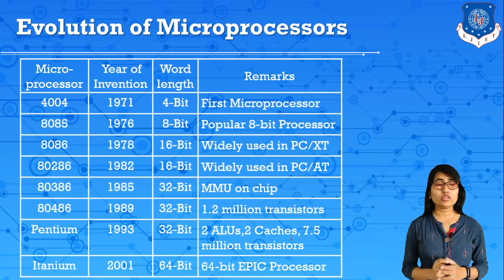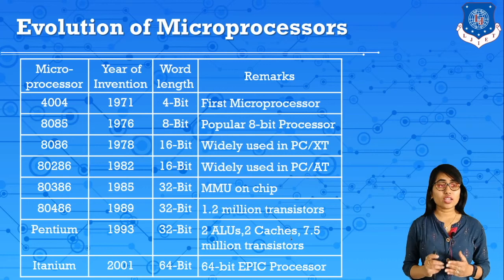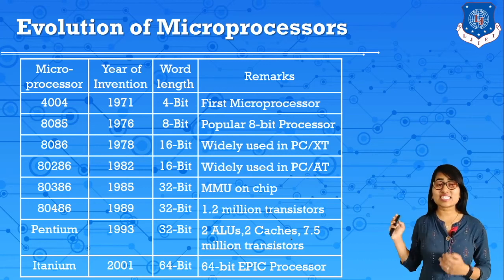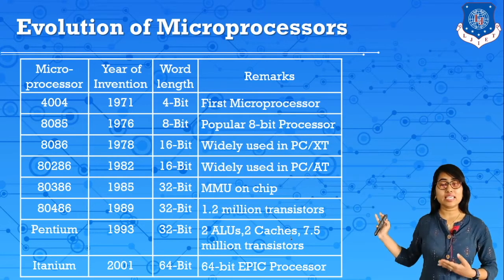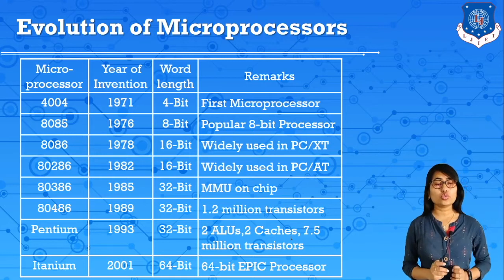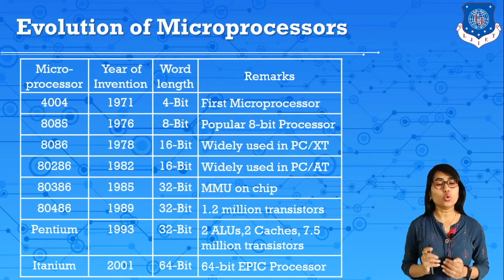Then the 8086 microprocessor, invented in 1978, a 16-bit microprocessor widely used in the PC XT. The 80286 was invented in 1982, a 16-bit processor widely used in the PC AT. The 80386 was invented in 1985, a 32-bit microprocessor. It includes an MMU on chip.